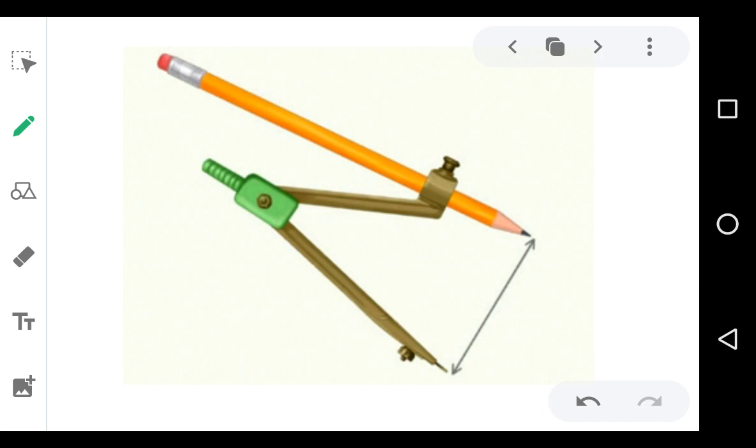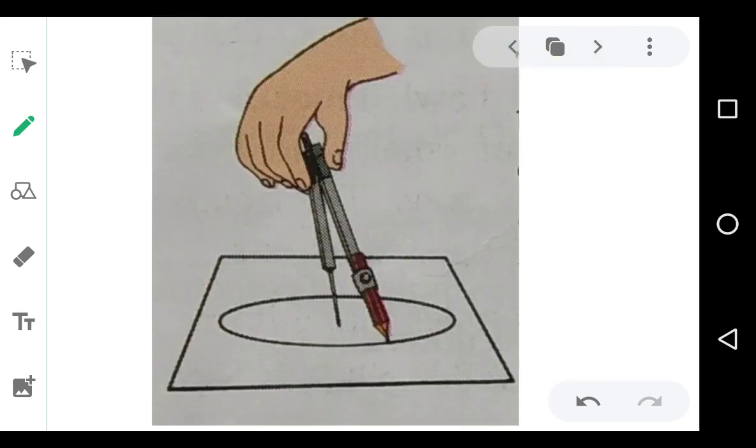This distance decides how big the circle will be. If the distance is more, the circle will be bigger. If the distance is less, your circle will be smaller. Put the point on the paper, hold the compass at the top and turn it around. The pencil will draw a circle on the paper. This way we get a perfect circle and it can be any size we want.